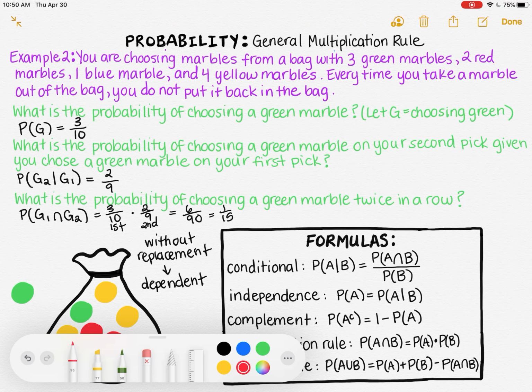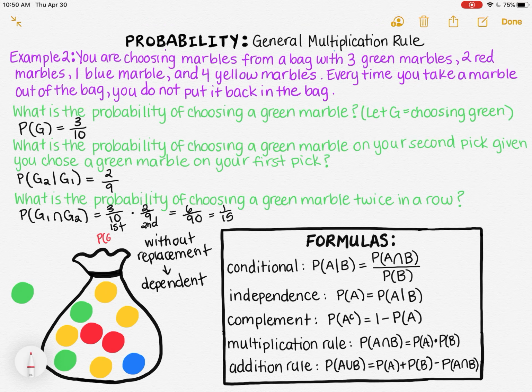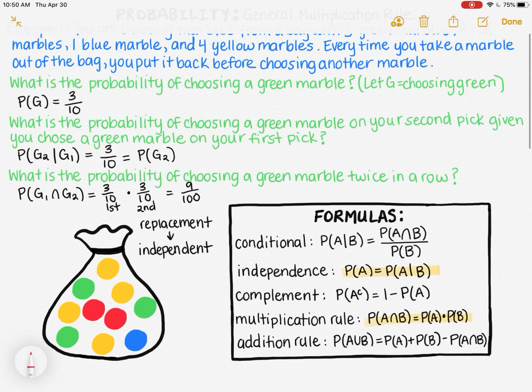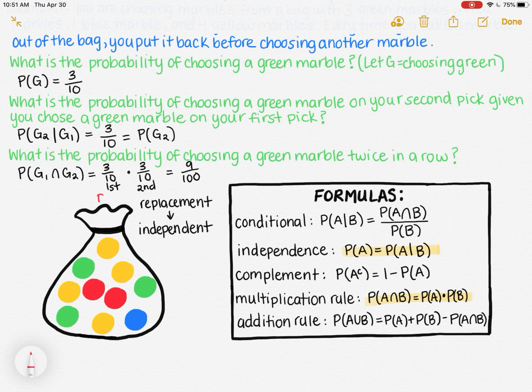So I'm going to explain part of why we multiplied these two probabilities. Obviously our events are not independent, so we were not using the independence formula. What we did was take the probability of picking a green the first time and multiply it by the probability of picking a green the second time, given we picked a green the first time. That's what we did here.